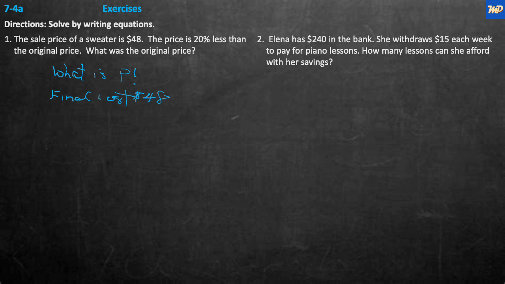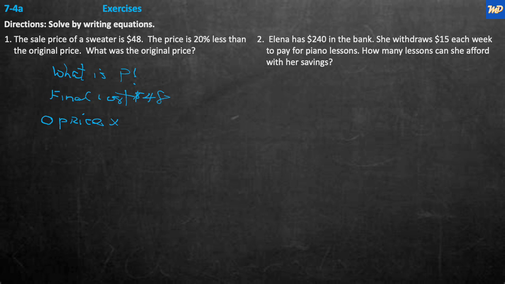And how did we get to that $48? Well, we started with the original price, the O price, and we multiplied it by something. We're going to figure out what that is in just a second, to get the price of $48.